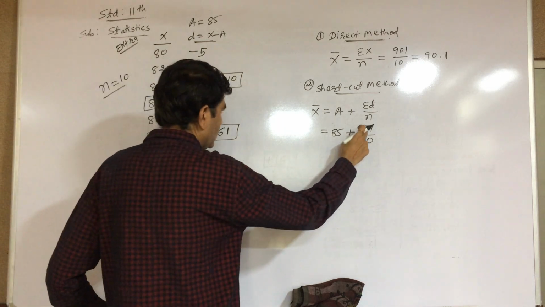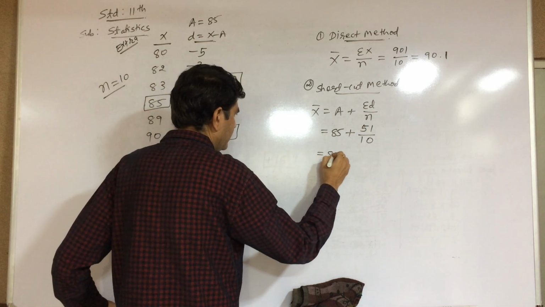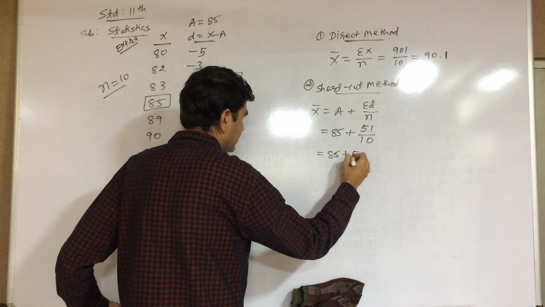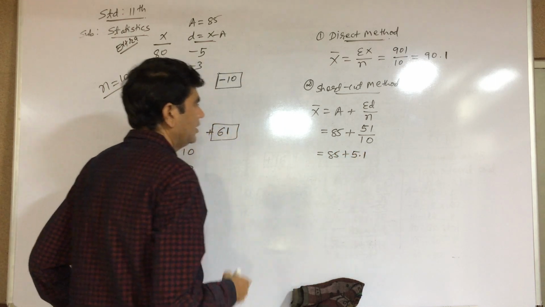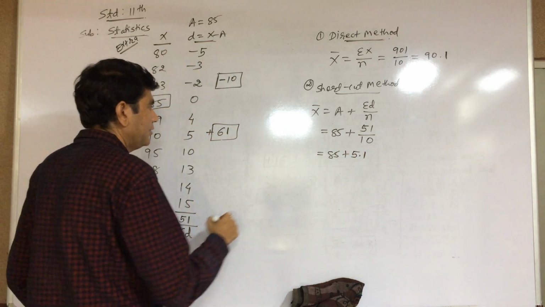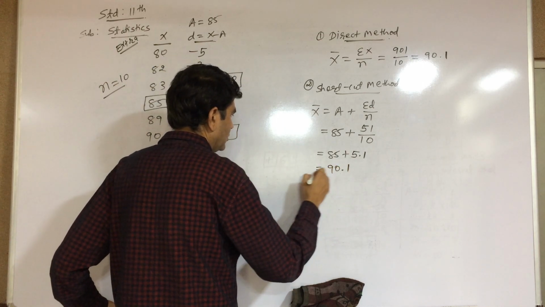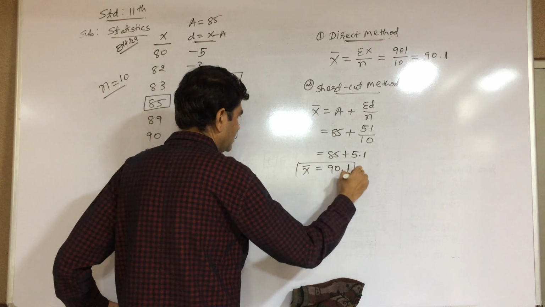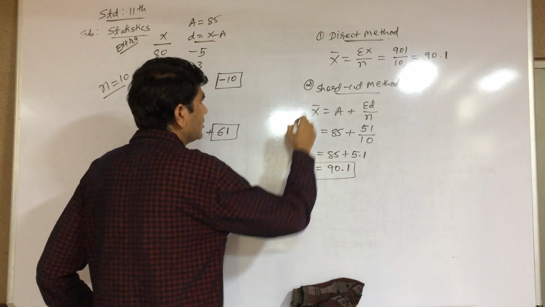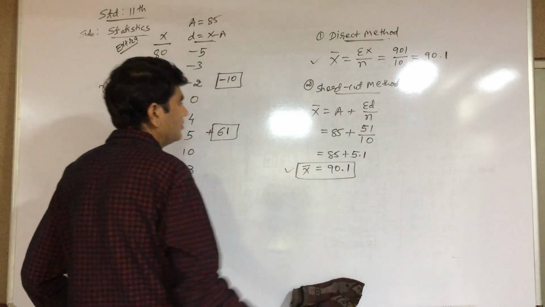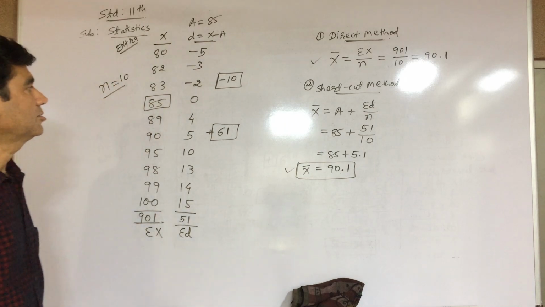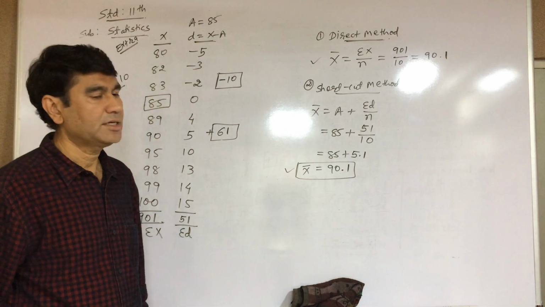I repeat, first of all you have to divide 51 by 10, 5.1, and then add 85. So answer is 90.1 by direct method, and by shortcut method. Okay, verify calculation.